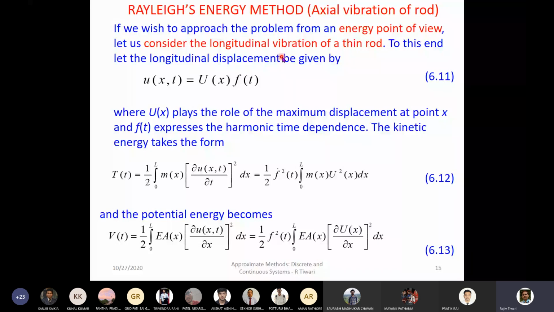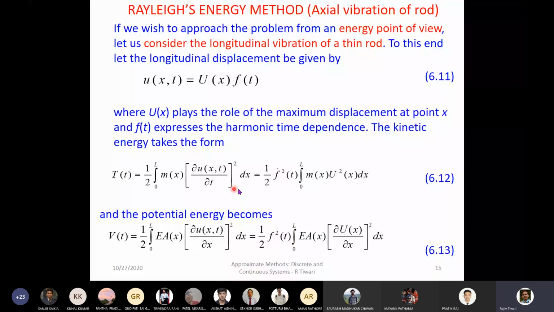Usually we take the solution in the separation of variables form, in which we assume the response as a function of the spatial coordinate and the temporal coordinate, where f is the harmonic function. The kinetic energy expression for the axial vibration is this one.